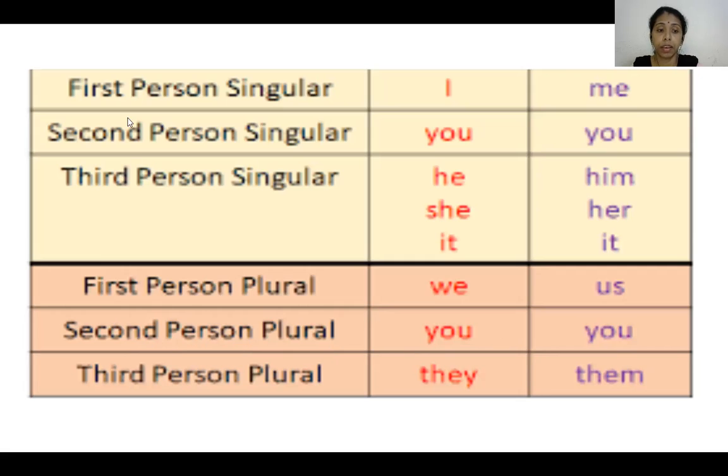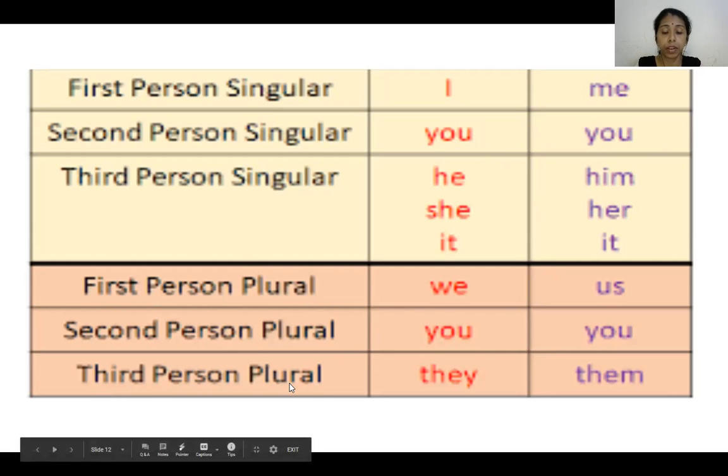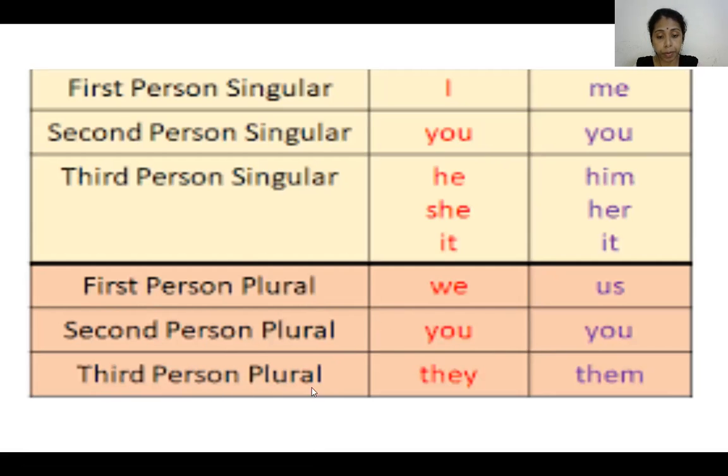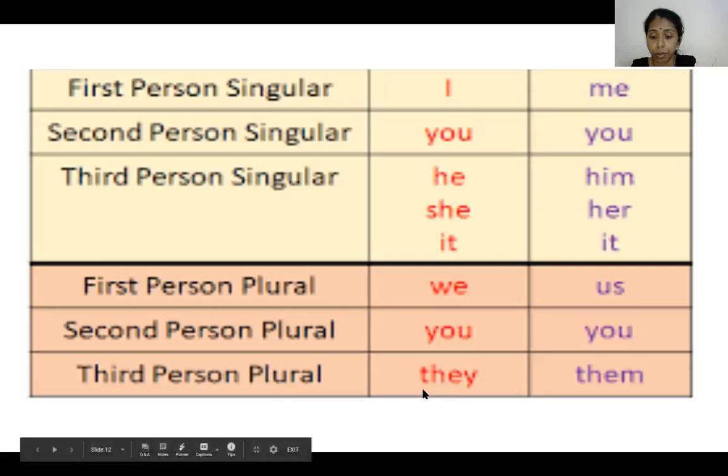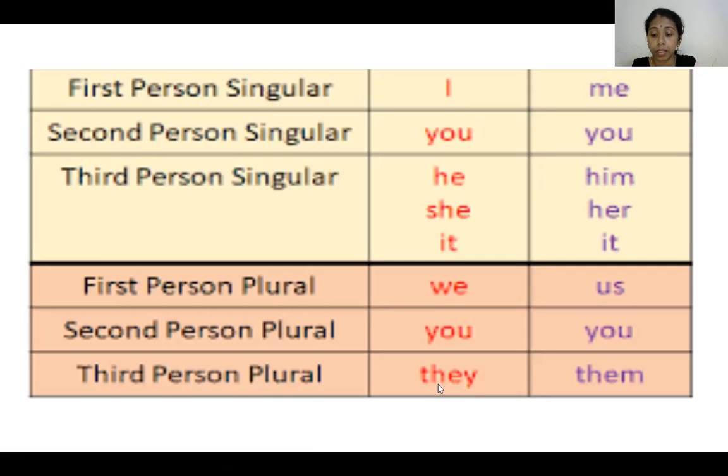Here we can see the second person singular number is also you, you, and the second person plural is also you and you. Yes, for singular and plural second person, we need to use you only. There is no change. And the third person plural number: the pronouns are they, them.